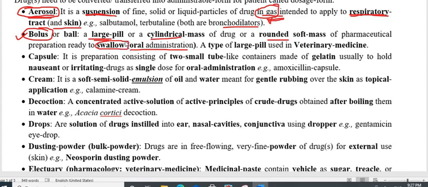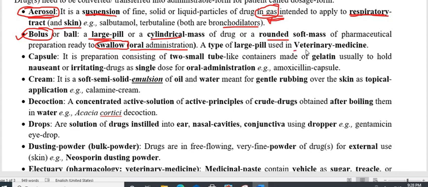So if you want to define the bolus are the medicinal preparation, particularly the large in size, cylindrical in shape, or sometimes rounded in shape, and used for oral administration by swallowing is called bolus.